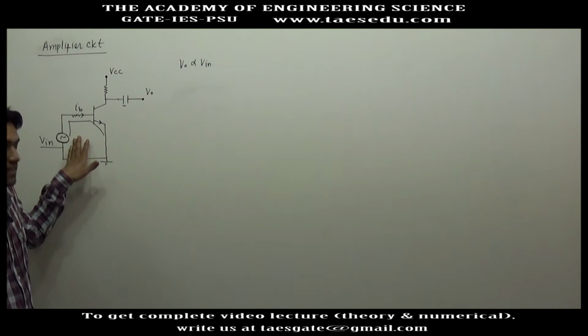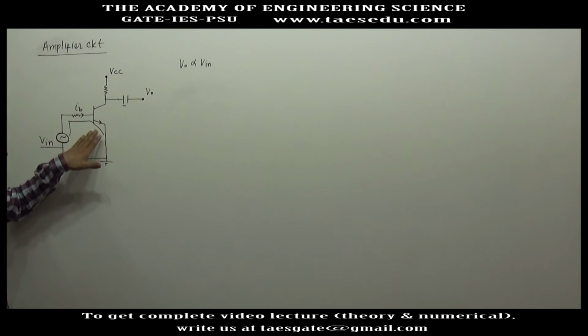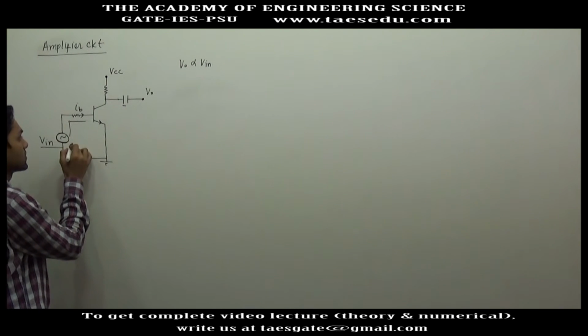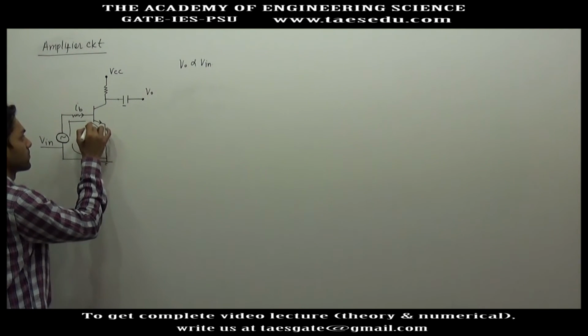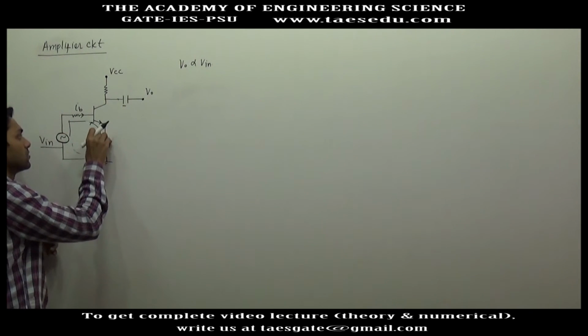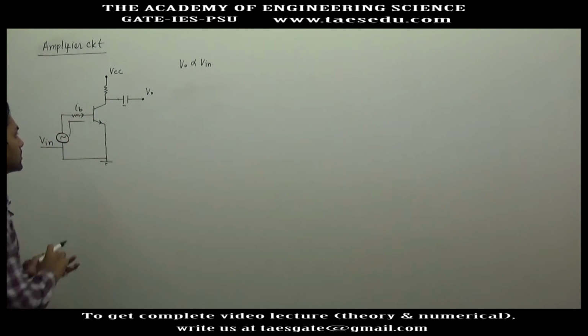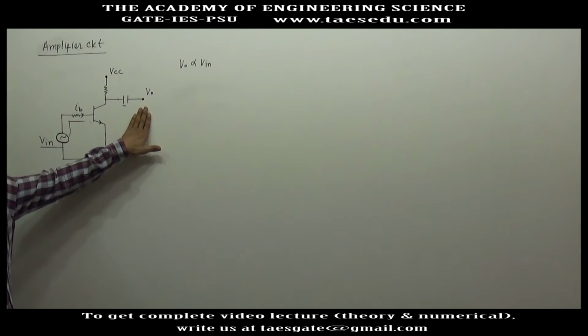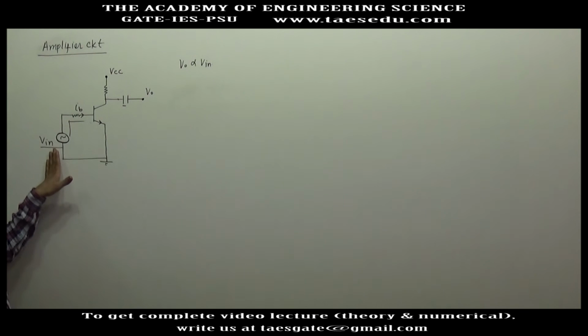In the negative cycle, this will certainly be in cutoff region. The transistor will not be in active region, because in the negative cycle current cannot flow like this. So this is not always in active region, so output will not always be directly proportional to input voltage, and this will not act as an amplifier.